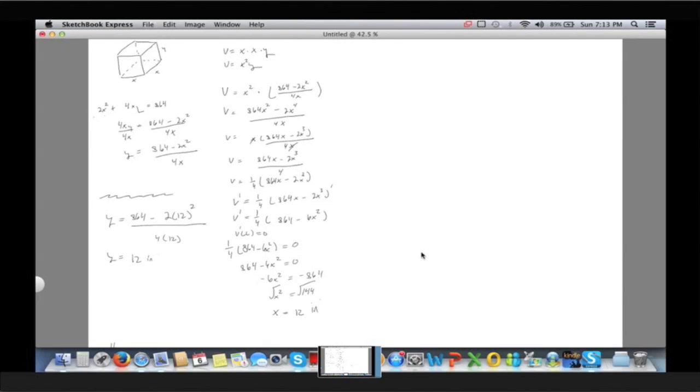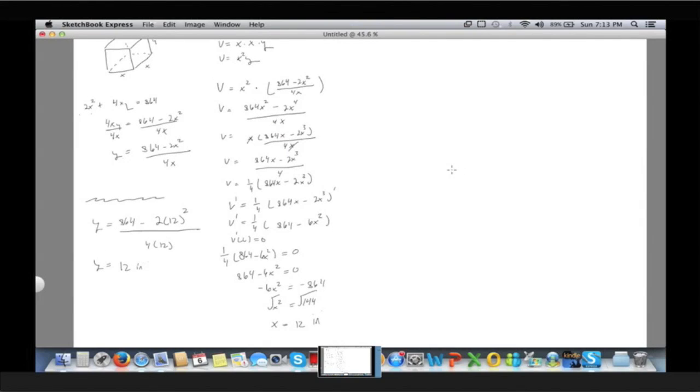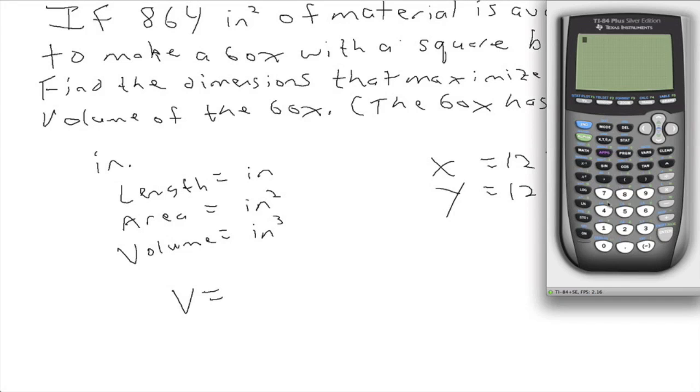V equals 1/4 (864x minus 2x cubed). Okay, good. So I'll go back to my screen now, and let's see how we can check this a little bit on our calculator.